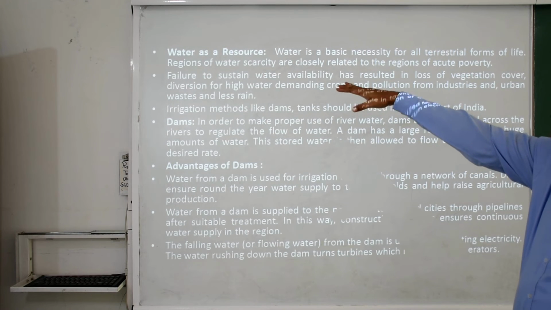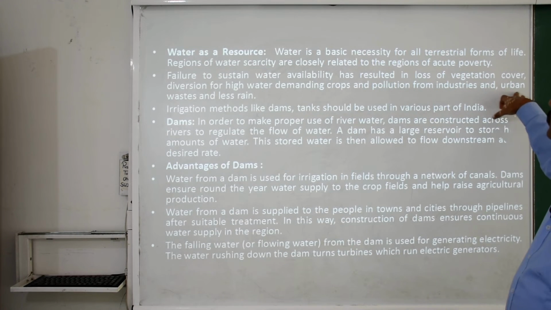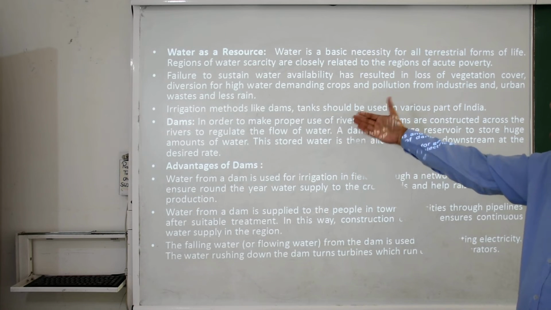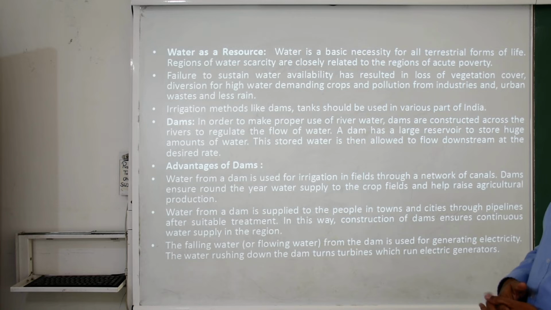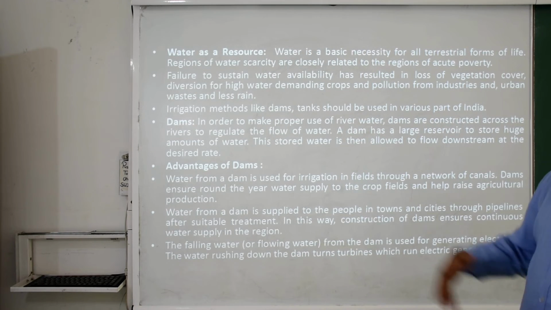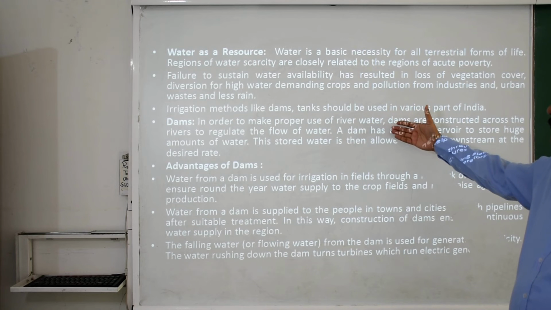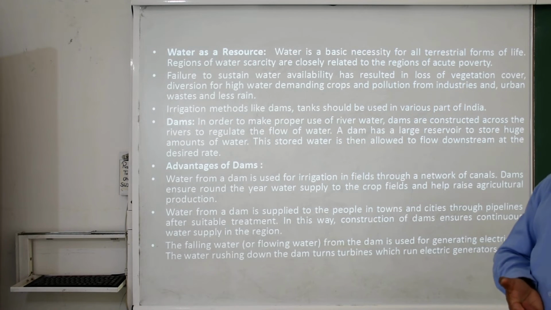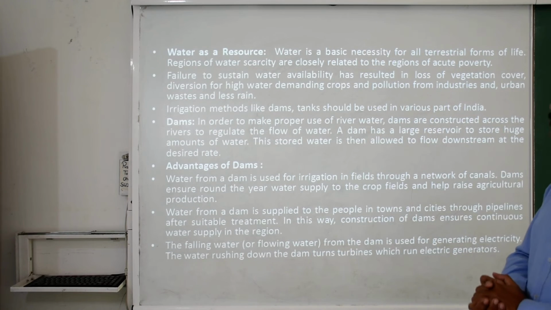So the failure to sustain water availability has resulted in loss of vegetation. Clear? Irrigation methods like dams and tanks should be used in the various parts of India. You know what a dam is? Dams are actually vast constructions across rivers to regulate the flow of water, and a large reservoir to store huge amounts of water, and the stored water is then allowed to flow downstream at the desired rate.